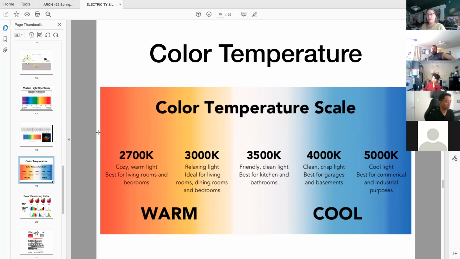The happy medium that you can always go with is 3,500. 3,000 to 4,000 is fine, but a nice 3,500 color temperature will work like 90% of the time.